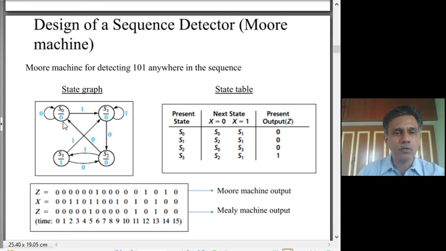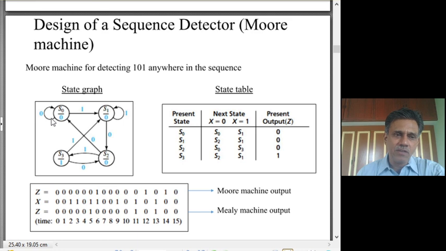So let us assume that we are in a state called S0, in which not even the first bit of a pattern has been detected, and therefore the output has to be 0, and therefore it outputs a 0 while it is in the state S0. Now you look for bits one after another.